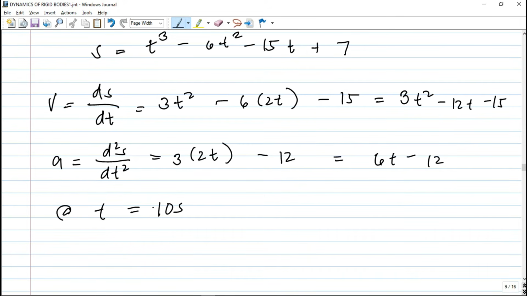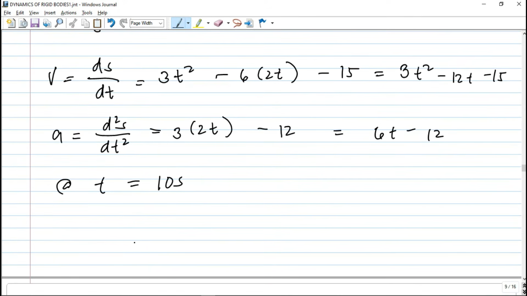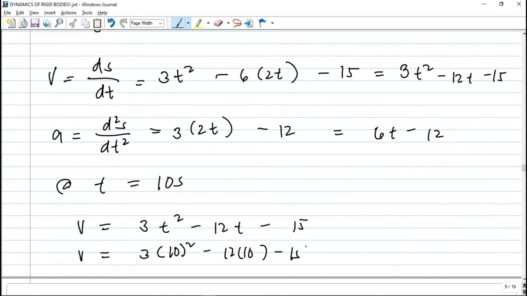Let's substitute time into our equation. Since v is equal to 3t squared minus 12t minus 15, v equals 3 times 10 squared minus 12 times 10 minus 15.